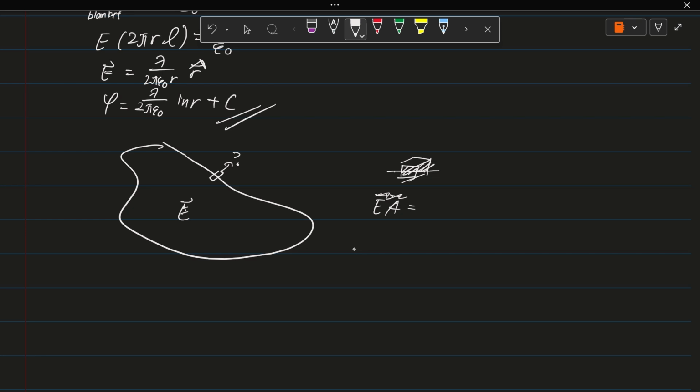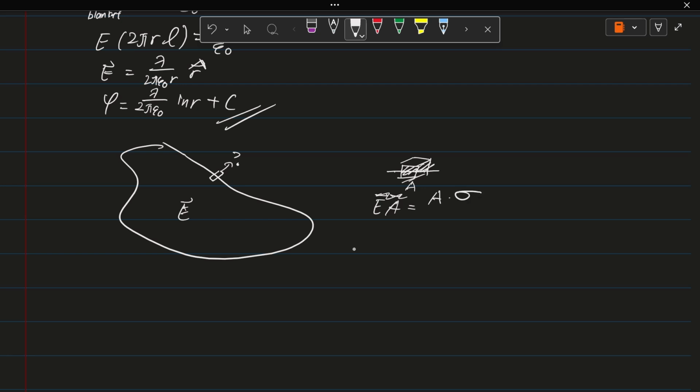So the E times A would be the charge inside of this surface. Let's just call the area A. For this conductor, let's say that it has a surface charge density sigma.